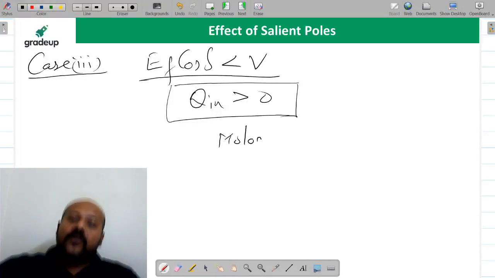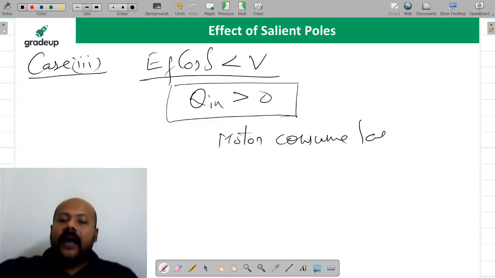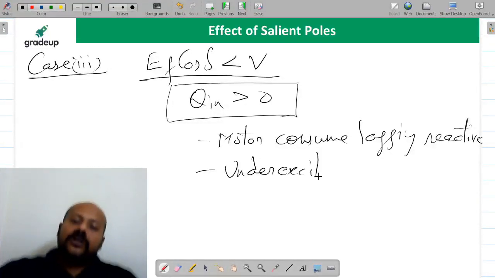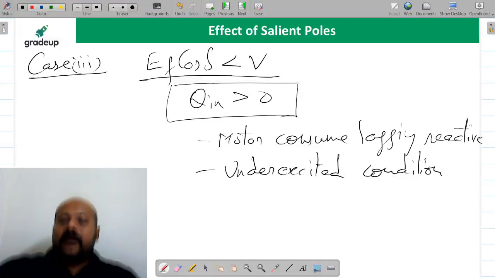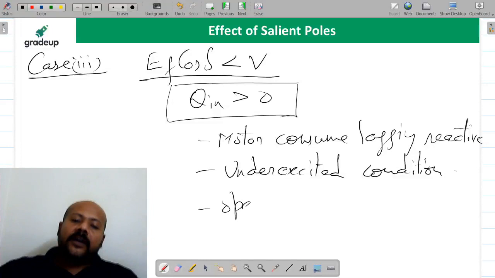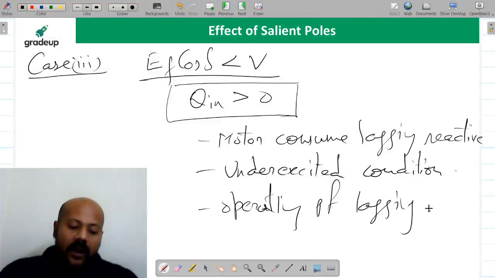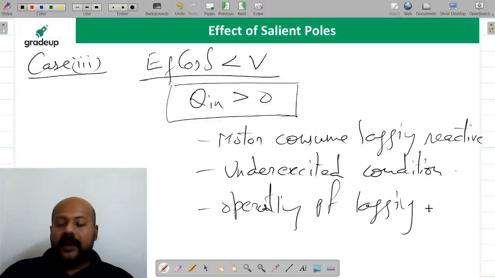So beta, your motor is going to consume lagging reactive power. This beta we call as under excited condition. And what is the operating power factor beta? The operating power factor is going to be lagging. All of you please tell me, are you getting this idea?